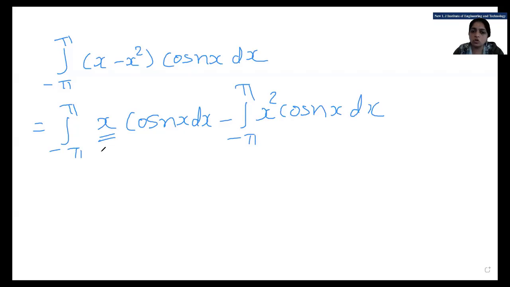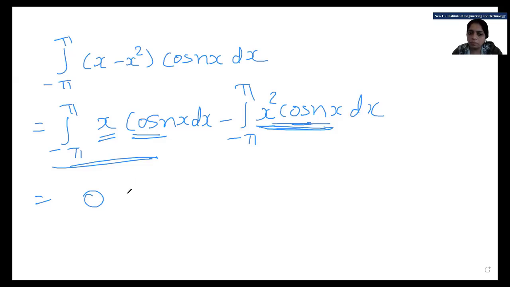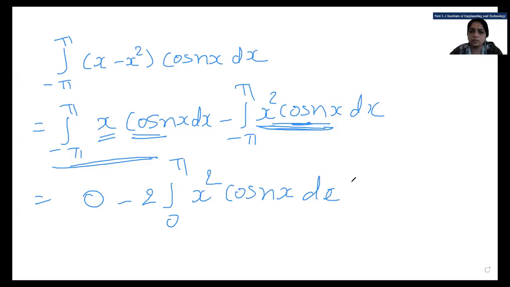Here x is an odd function, cos is an even function. Odd into even is always odd, so the direct answer is 0. But here x square is even, cos is even, so the whole function is even. So we put 2 times the integral from 0 to pi of x square cos nx dx, right?